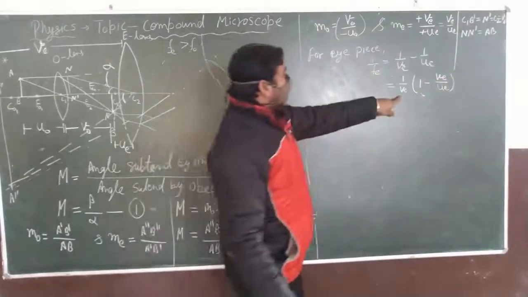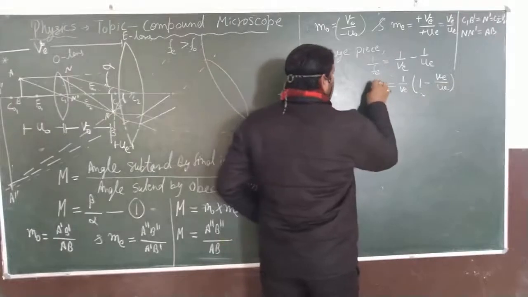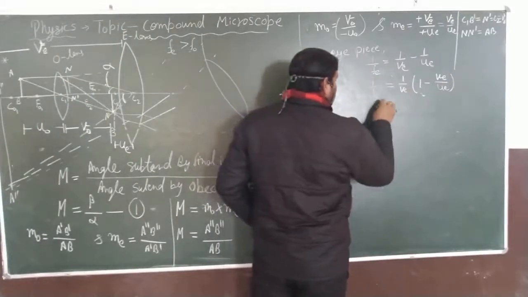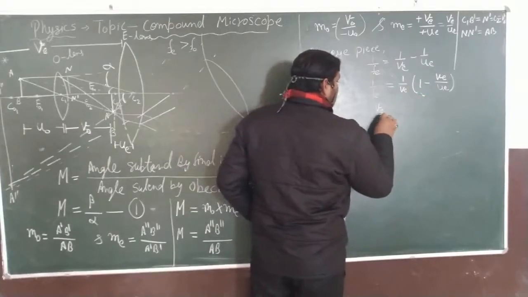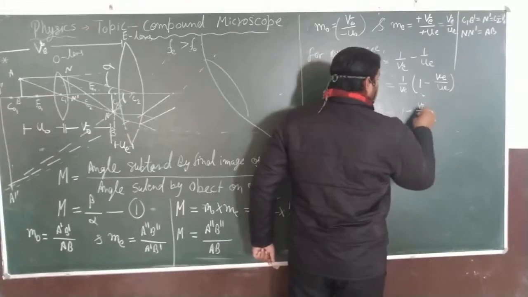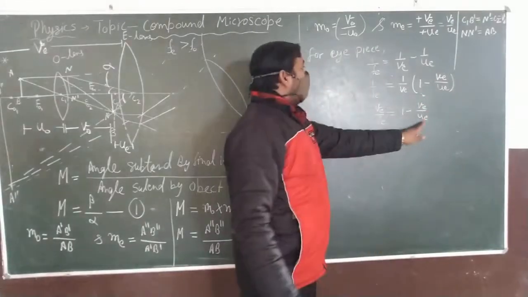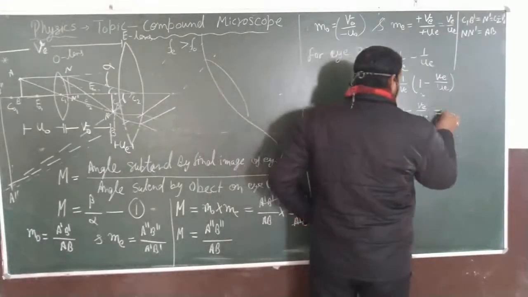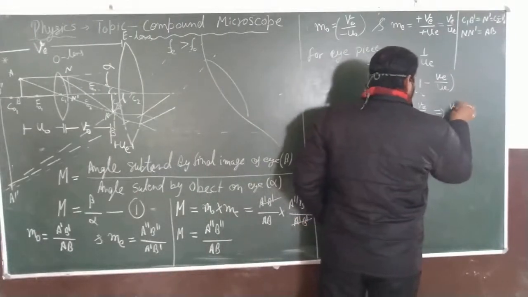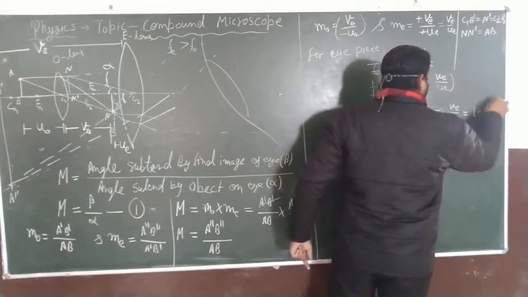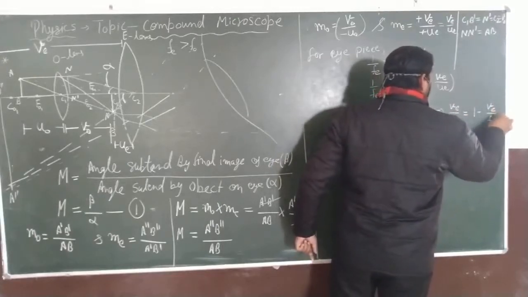Multiplying Ve here with 1 upon Fe, we get Ve upon Fe is equal to 1 minus Ve upon Ue, and calculating the value of Ve upon Ue, we get Ve upon Ue is equal to 1 minus Ve upon Fe.